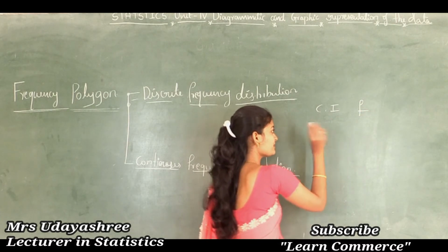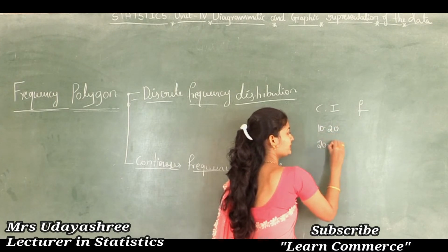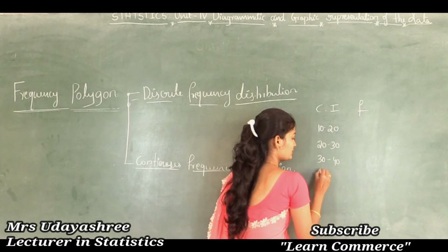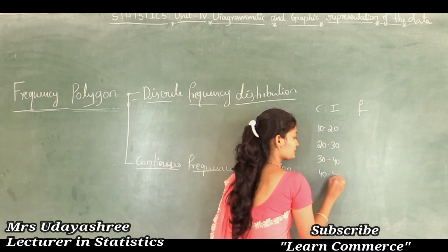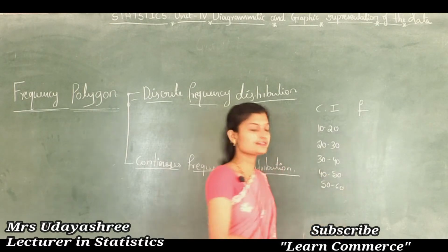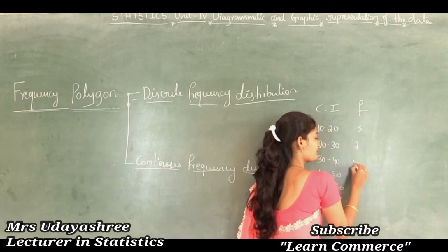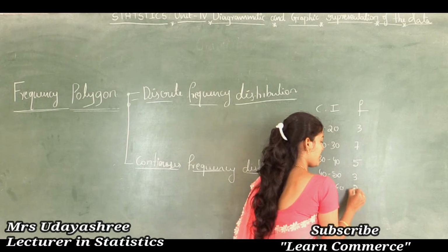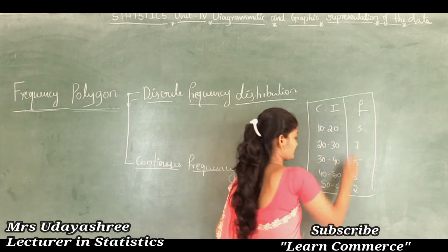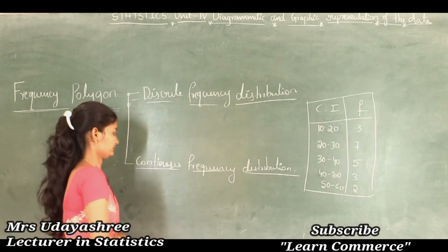Here class intervals I will take 10 to 20, 20 to 30, 30 to 40, next 40 to 50, 50 to 60. Then frequencies are 3, 7, 5, 3 and 2. So this is continuous frequency distribution.